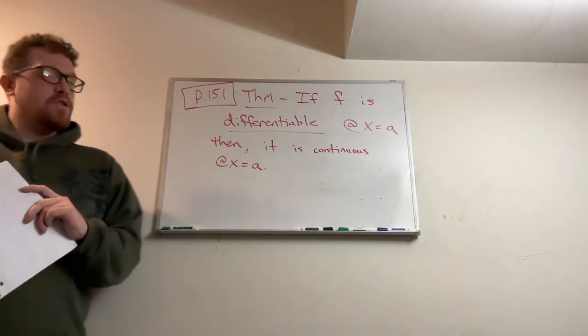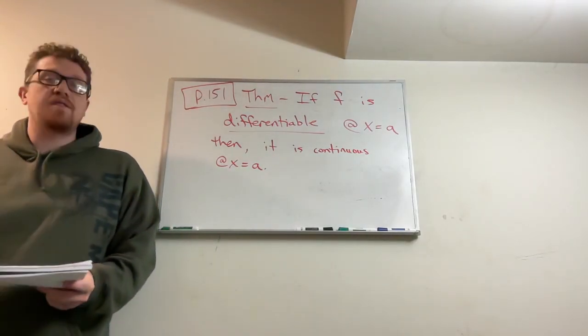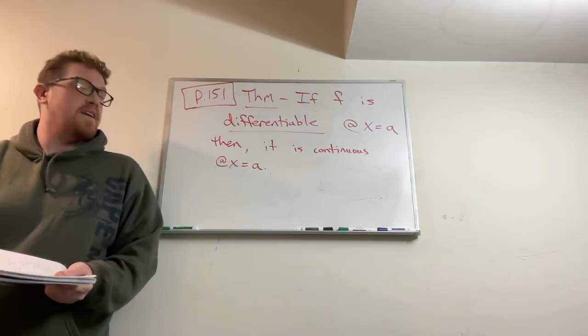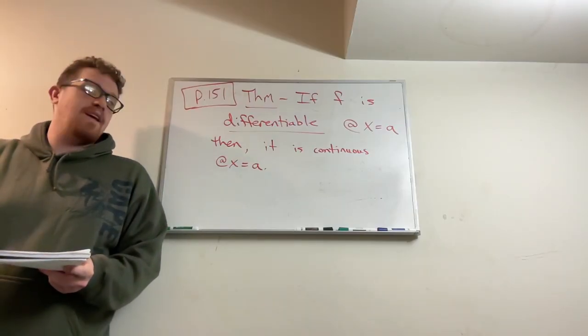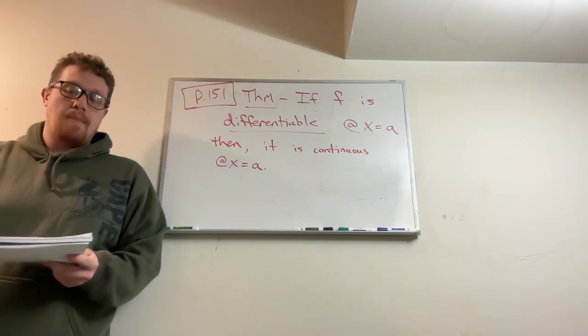And again, to remind you what continuous means, it just means that the limit as x approaches a is equal to the value of the function at a, or is equal to f of a.